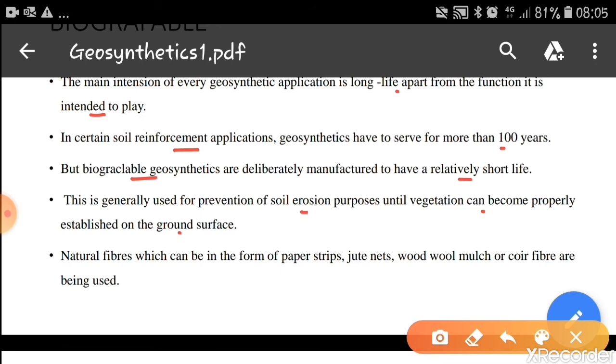They are made using natural fibers, which can be in the form of paper strips, jute nets, wood wool, coir fiber, etc. After a few years they will degrade, and only because of the vegetation the soil will get the required properties.